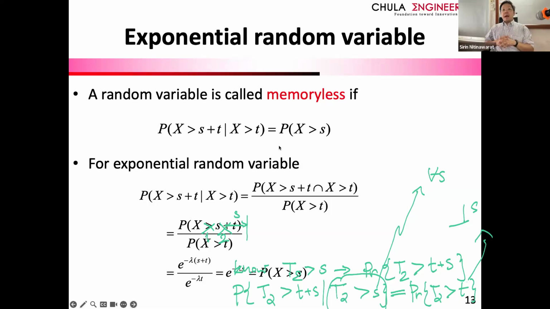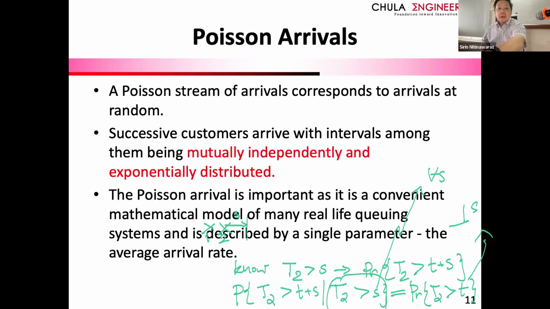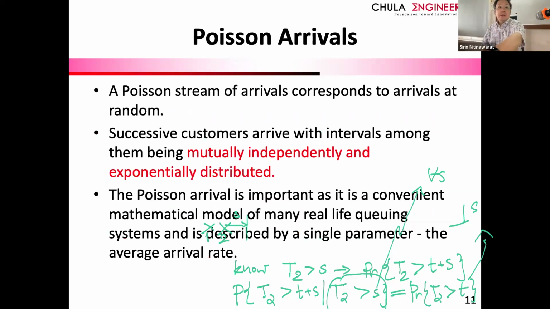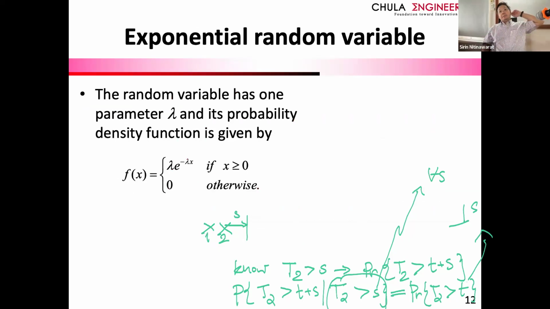So I think I convinced you enough that with a Poisson arrival process, the inter-arrival times, all the T's, should all be mutually independent and identically distributed. And for a Poisson arrival process with arrival rate of lambda, in particular, each marginal distribution of the inter-arrival time should be exponentially distributed with the parameter lambda, right?